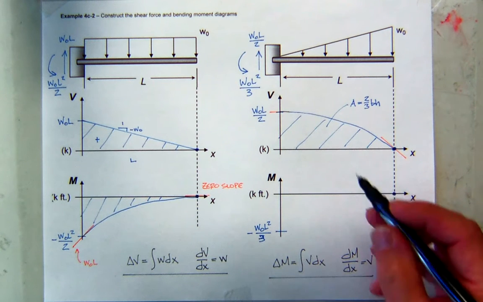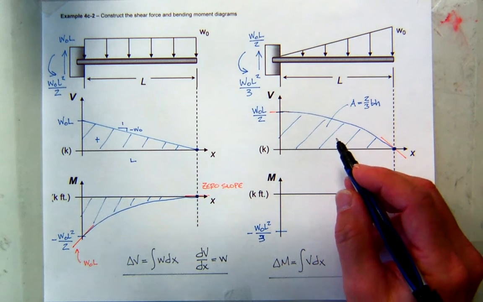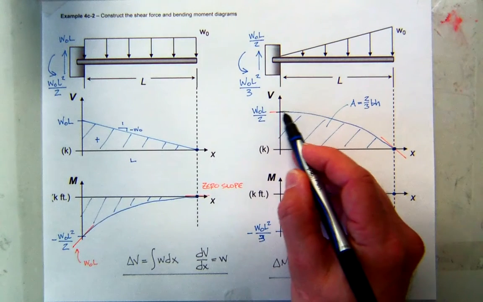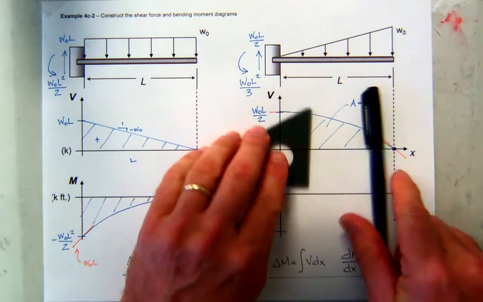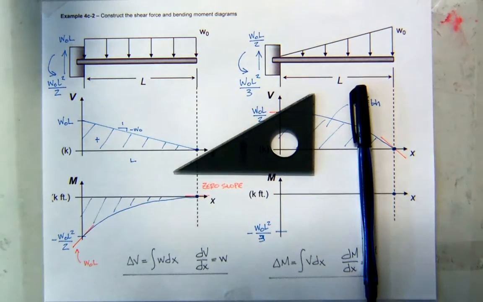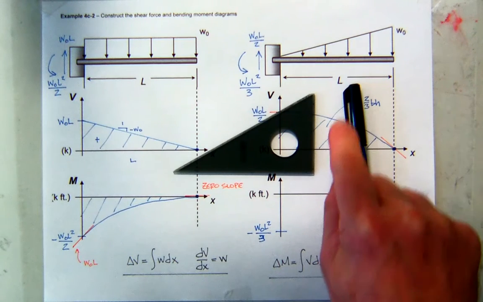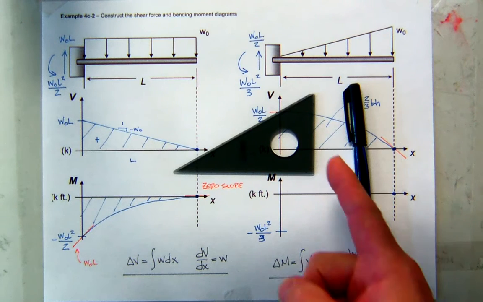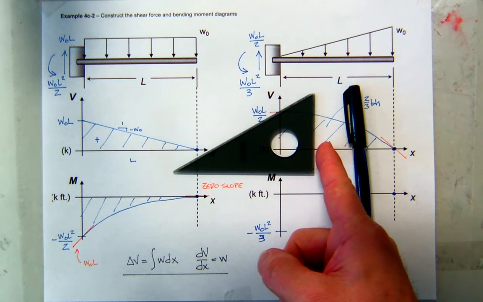However, I don't expect you to know that. And it's a special case, too, because it's truly a parabolic section. It has a 0 slope section. If I just pulled off a chunk of a parabola out there in space and said, what's the area underneath that? You've got no way of doing that with just geometry. Very easy if you have the equation for shear and you integrate the equation.